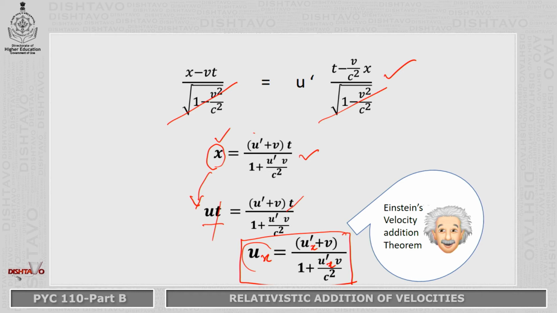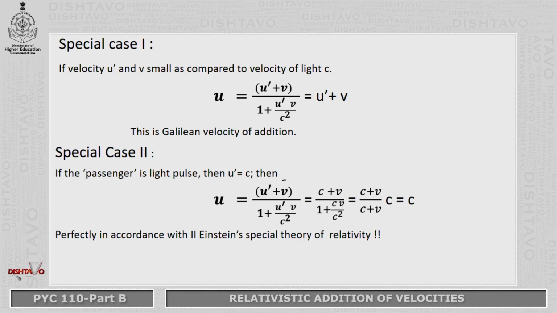So, let us explore this. I have put it in two cases as special cases. If velocities u prime and v are very small as compared to the velocity of light, what is going to happen?